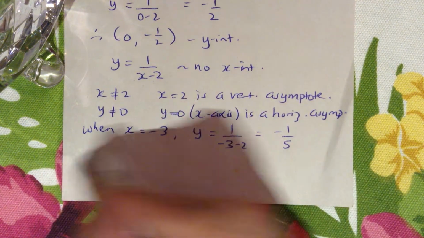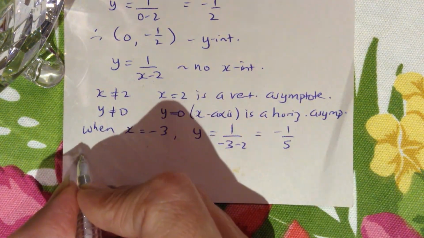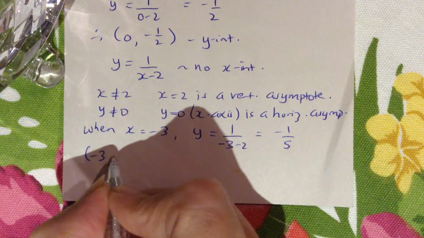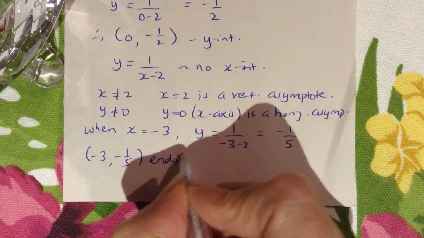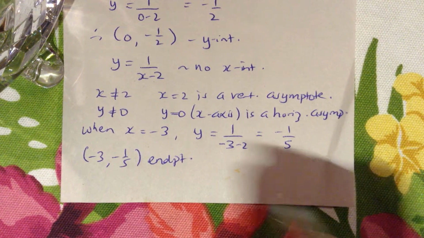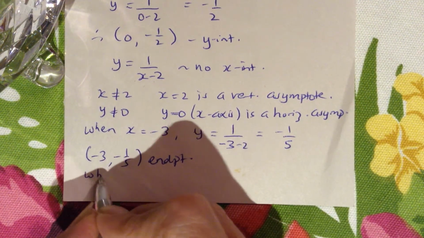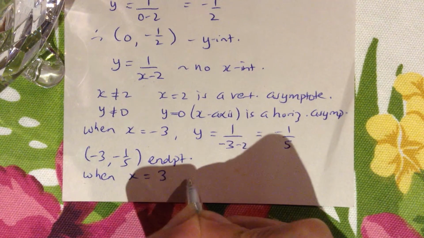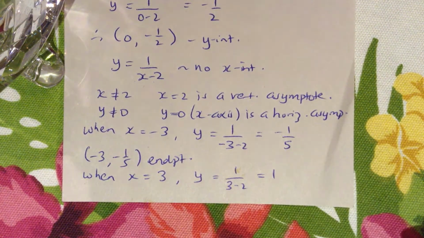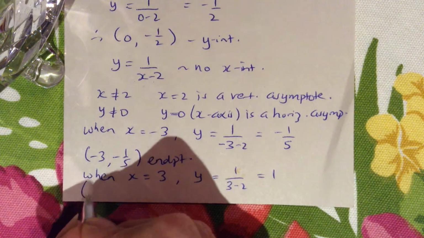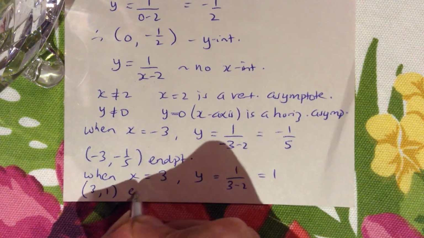Okay, so the curve stops at minus 3, minus a fifth. That's one endpoint. And when x is equal to 3, y is equal to 1 over 3 minus 2, which is equal to 1. Okay, so 3, 1 is another endpoint.